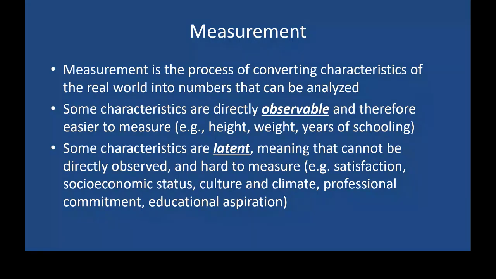Socioeconomic status is something else that's really important, but it's latent. Culture and climate within schools or within departments, professional commitment, educational aspiration, like how far do you want to go in school or in graduate school or anything like that. These are all things that you can't just see about a person.